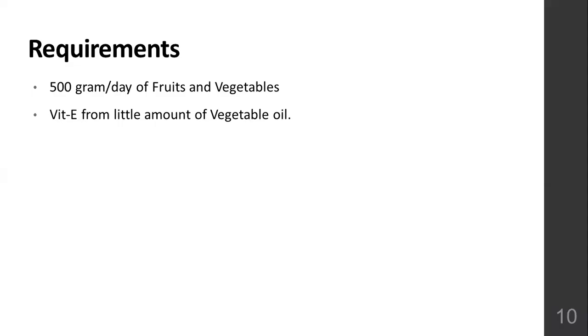Okay, at least if you are taking 500 gram of fruits and vegetables combination, at different times definitely. But if you see your meals altogether, if you have taken at least 500 gram of fruits and vegetables throughout the day, that is a good enough quantity to ensure that you have taken enough antioxidants.